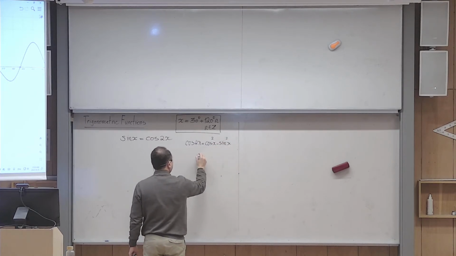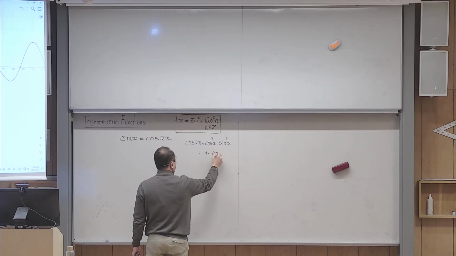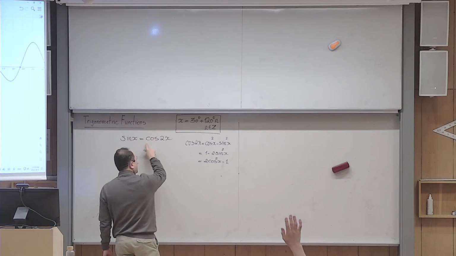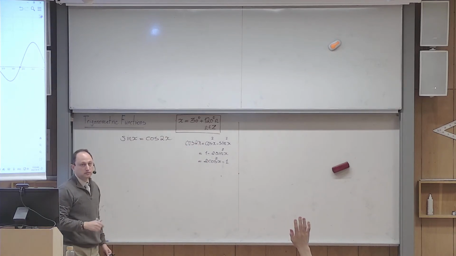But from here, I derived two more. This is a mixture of sine and cosine, and I wrote one formula which was only in terms of sine, and I also wrote another formula which was only in terms of cosine. But for the purpose of solving this problem analytically, which one of these three is more suitable? Yes?